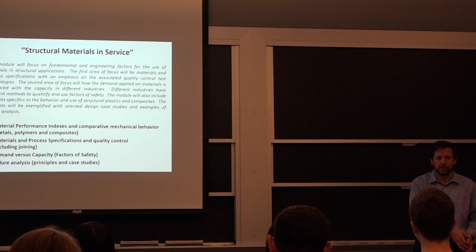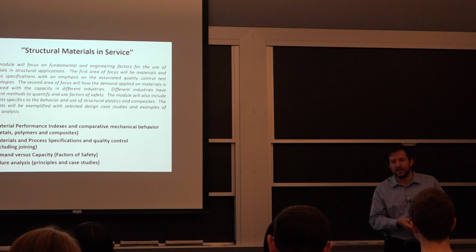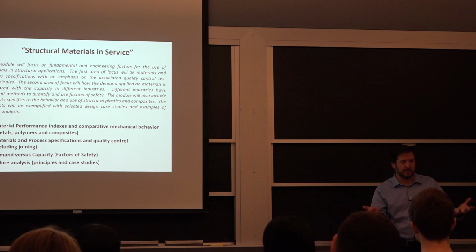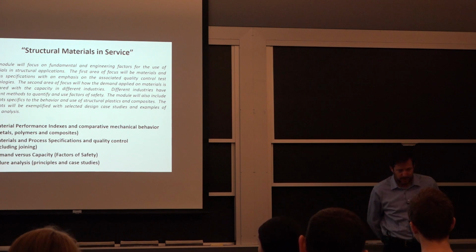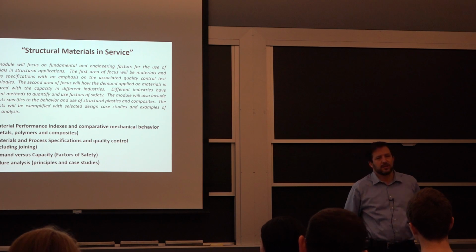Is the material able to sustain the impact or the types of loads or the environment that I'm going to subject it to? So we try to balance this and make sure that for foreseeable conditions, you're not going to have a failure.